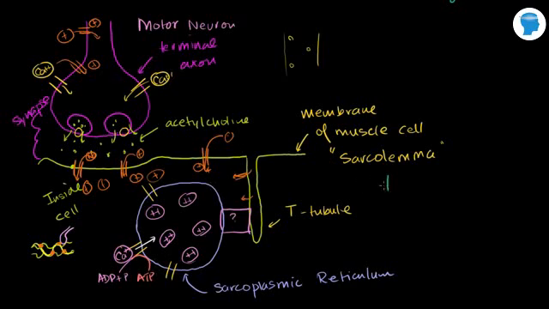It involves the proteins striated, junctin, calsequestrin, and ryanodine. That they're somehow involved in a protein complex here that bridges between the T tubule and the sarcoplasmic reticulum.